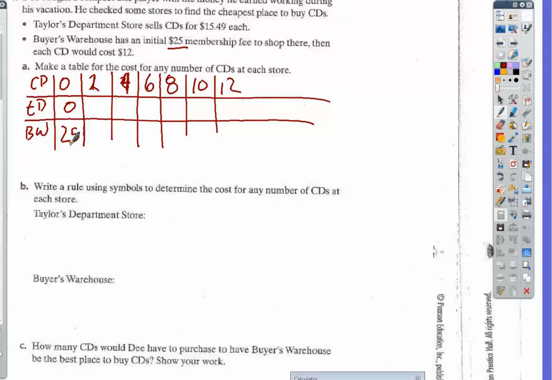So if I buy 2 CDs at Taylor's, it's essentially $15.50 each, 2 of those is $30, almost $31, and 98 cents. Whereas here, it's 2 times 12, which is 24, plus my 25. So I'm going to have to continue.